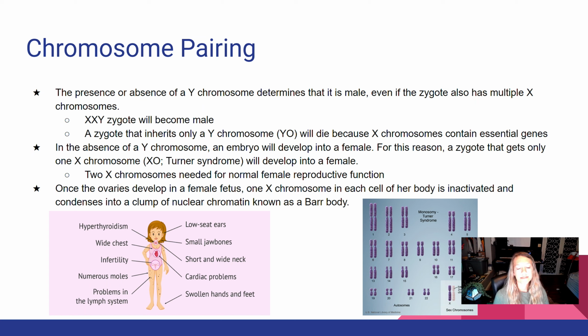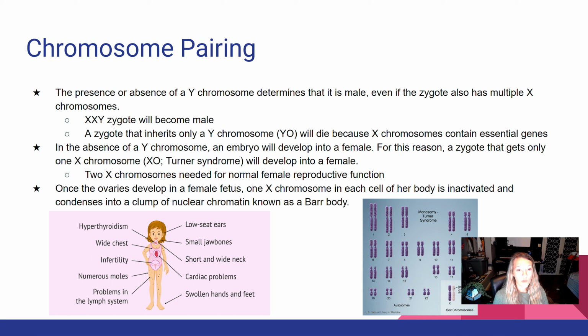Even though there's two X's, if there's any Y's in the genetic makeup, then it will become a male. A zygote that inherits only a Y chromosome, so it'd be YO, will die because an X chromosome is absolutely needed and is essential for our genes.